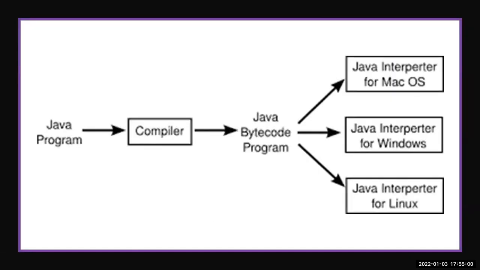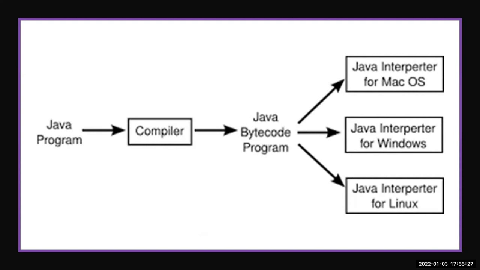Okay, so a Java program is compiled to bytecode, and the same bytecode is sent to different virtual machines on Mac OS, on Windows, and on Linux. And each of these platforms has a native virtual machine to do the translation from the bytecode to the machine code and run it.